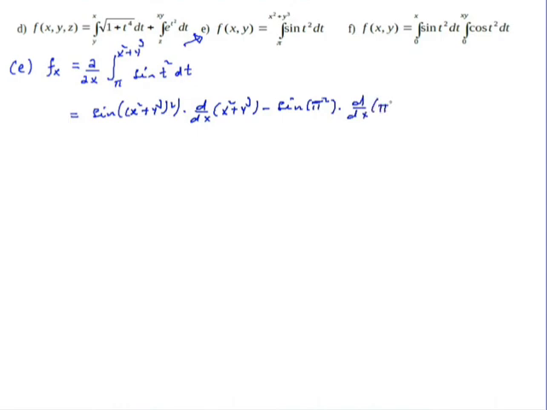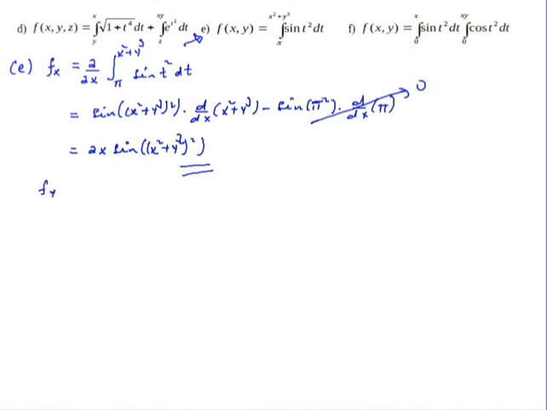So unfortunately this is 0. So what happens? This becomes 2x times sine of x square plus y cube, the whole square. So this is fx.